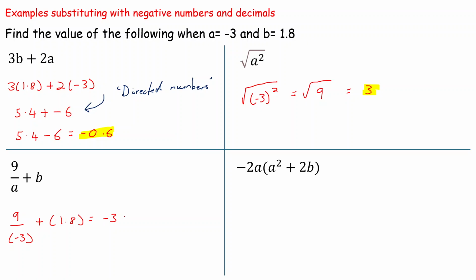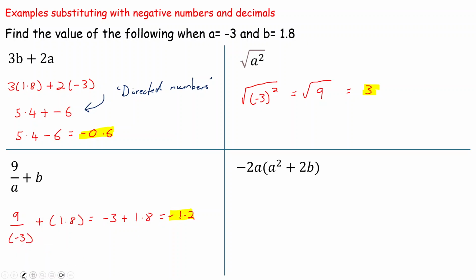So 9 divided by 3 is 3, and it's negative, and you're adding on that 1.8. Well, -3 add 1.8 is going to give you -1.2. And that is our answer for that one, -1.2. And let's highlight that so we can see what's going on.